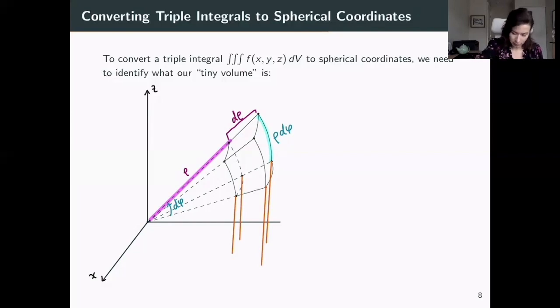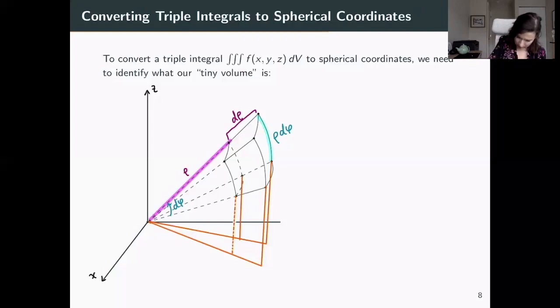We can imagine that this is a shadow down onto the XY plane. So what it's going to end up looking like is something like this. I'm going to do some erasing so that this is easier to see. These dotted lines represent that projection onto the XY plane of our tiny volume.